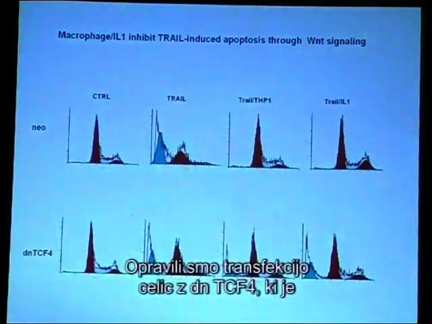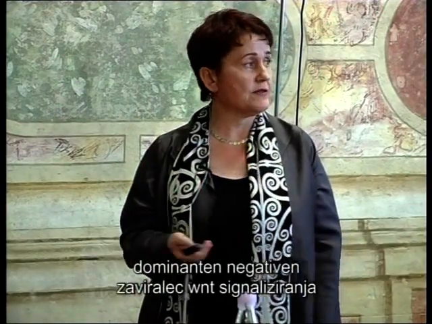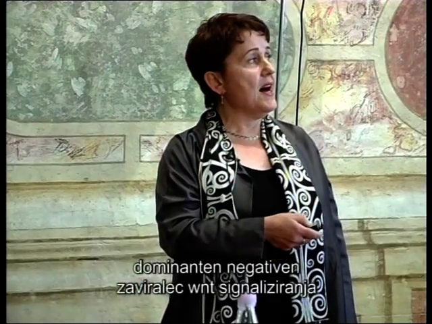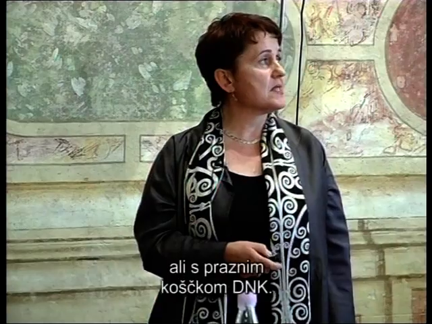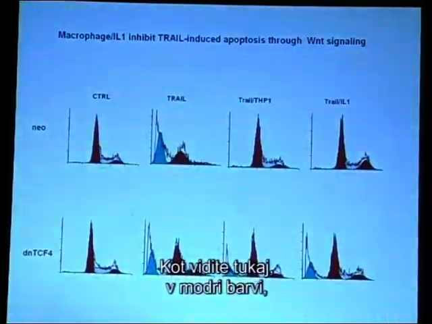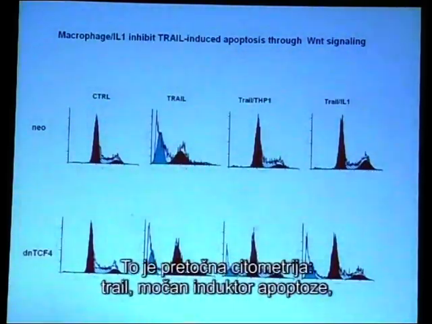We transfected cells with dominant negative TCF4, a dominant negative inhibitor of Wnt signaling, or with an empty plasmid, an empty piece of DNA. As you can see here, in blue is the apoptotic fraction of cells. These are results of flow cytometry.